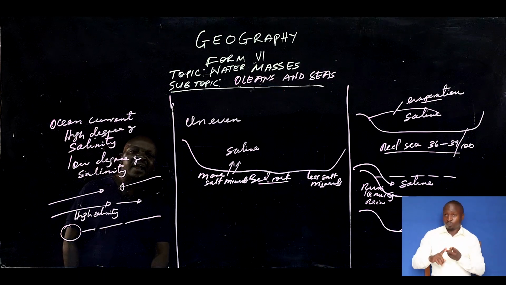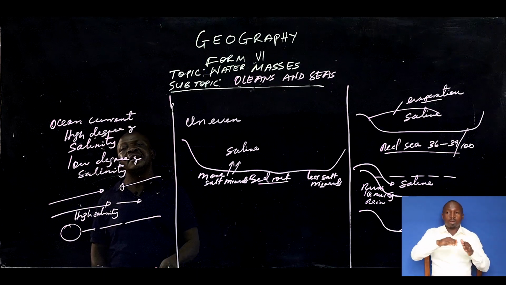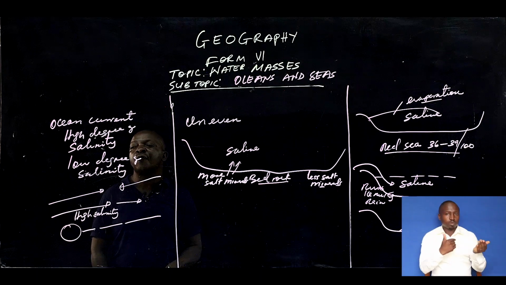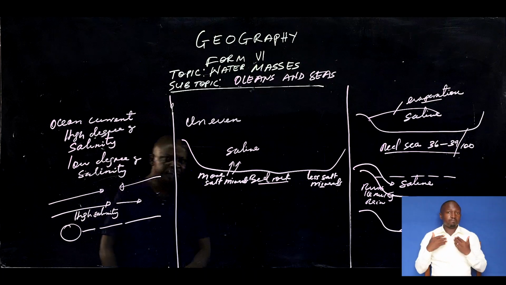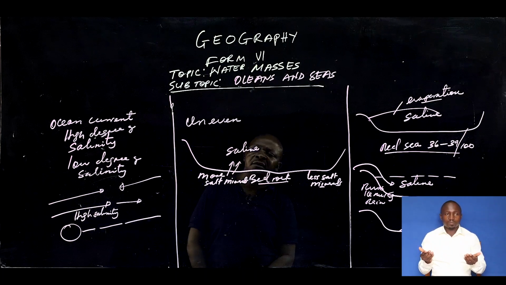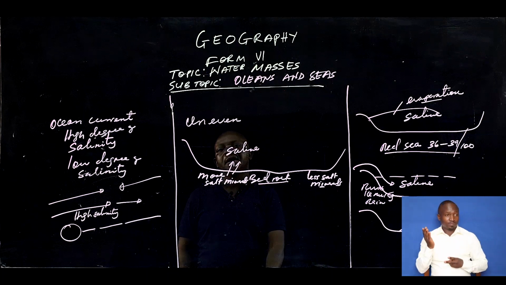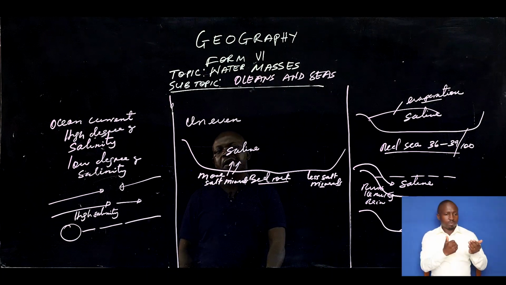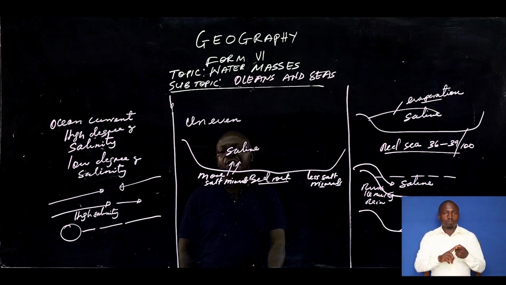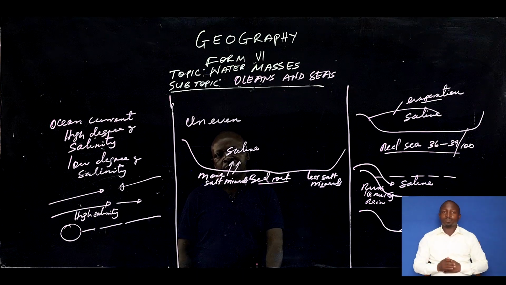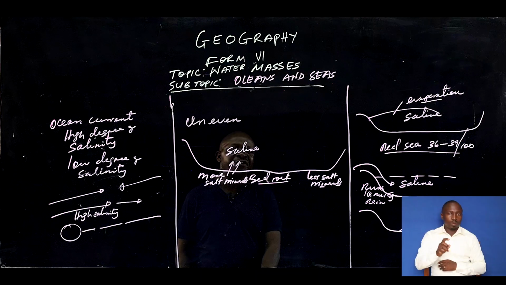Thus, in some areas, salinity has been lowered or increased because of mixing of oceanic water in terms of currents. So, class, the factors we have seen here make for uneven chemical composition of oceanic water in terms of salinity. So with that point, we are through with question number 2.